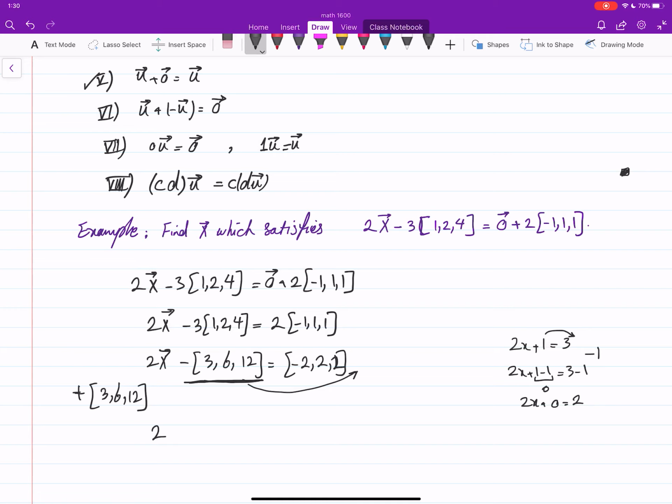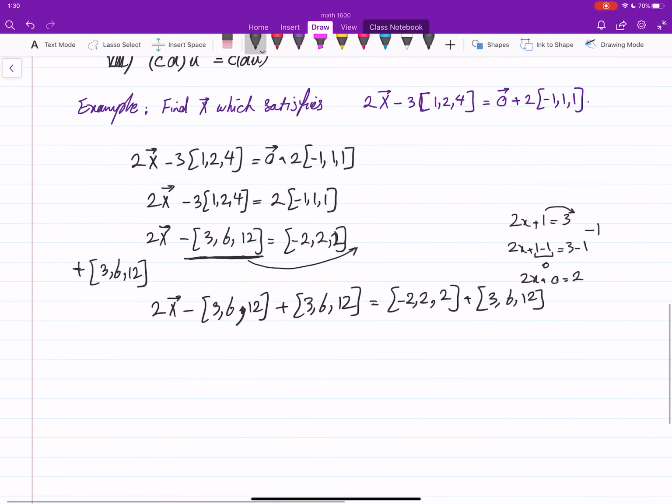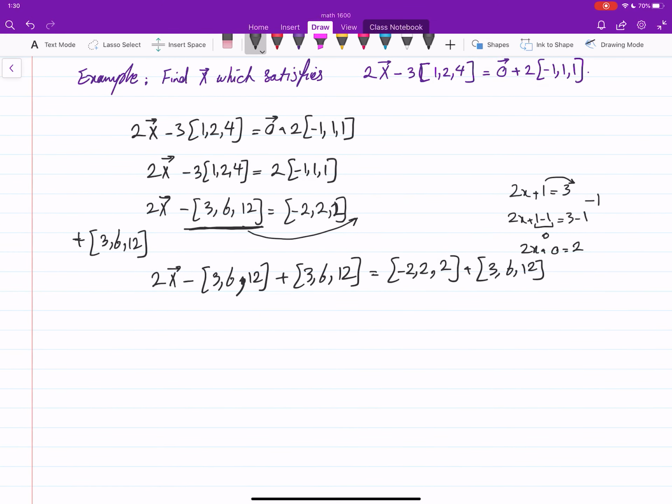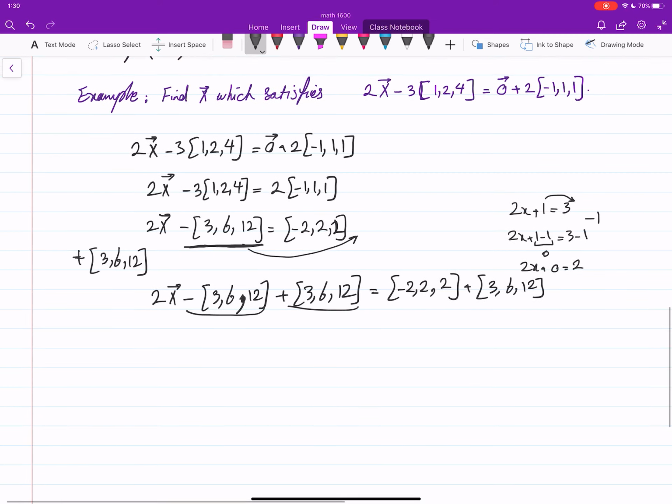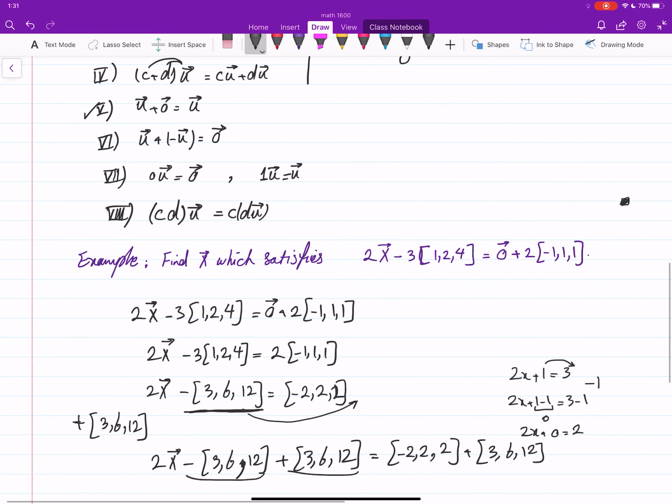That gives 2x minus (3, 6, 12) plus (3, 6, 12) equals (-2, 2, 2) plus (3, 6, 12).